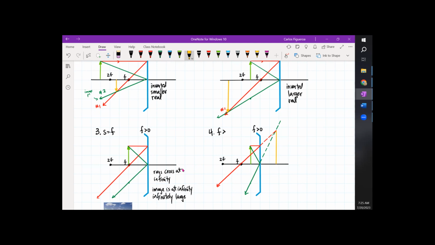Now we know that that's impossible because of the aluminum backing. You can't do that. So now we see that this image is what? It's erect. And as soon as you see an erect image and it's larger, we know that this has to be a virtual image.